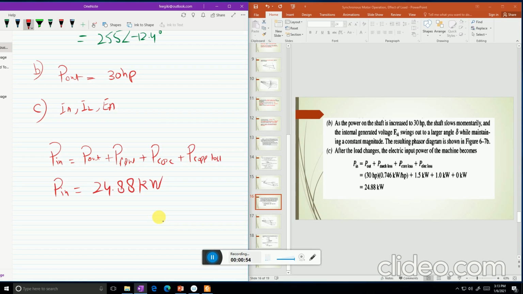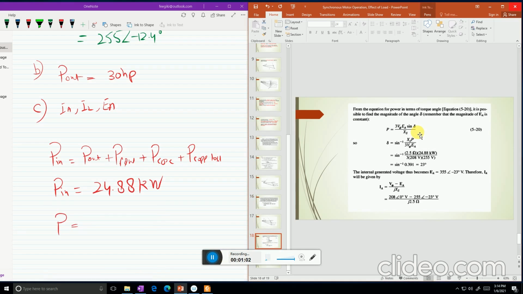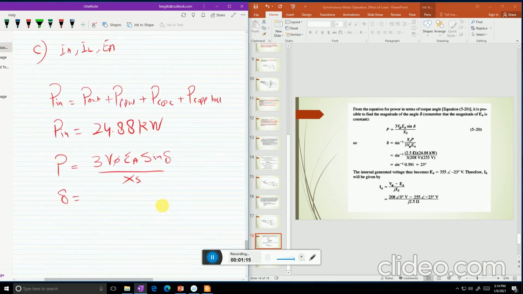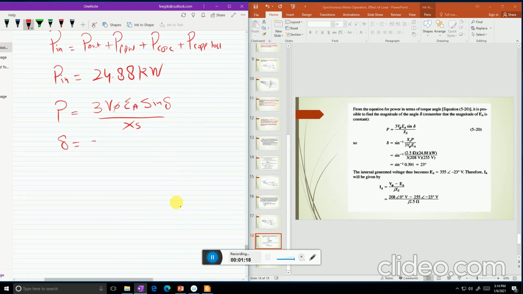In order to calculate delta, as we know, P can be given as 3 V phase EA sin delta over XS, and from here delta will be equal to sine inverse of XS P over 3 V phase EA. Putting in all values and solving this, delta will become 23 degree.